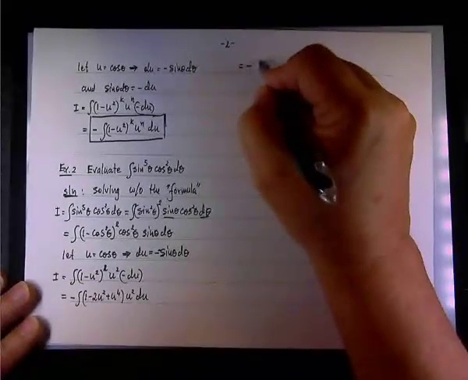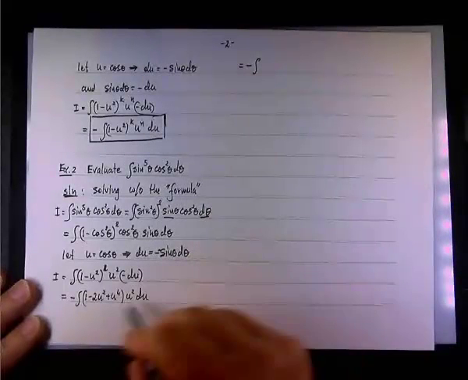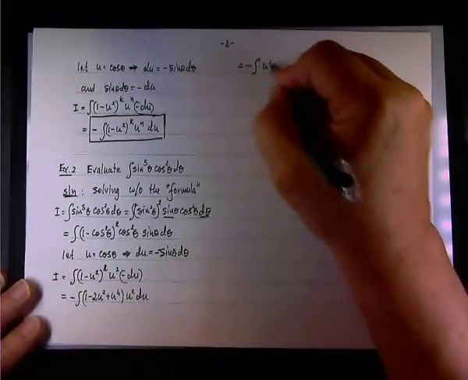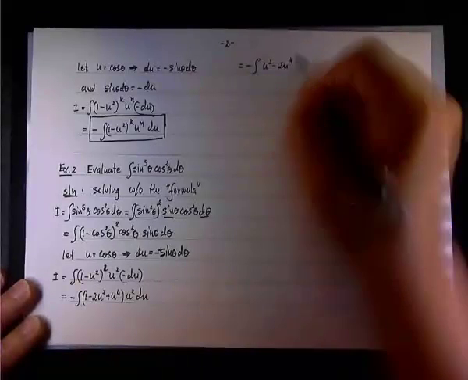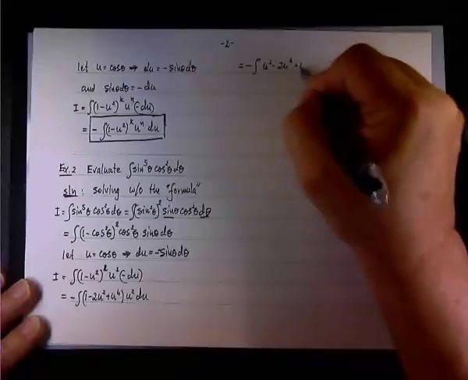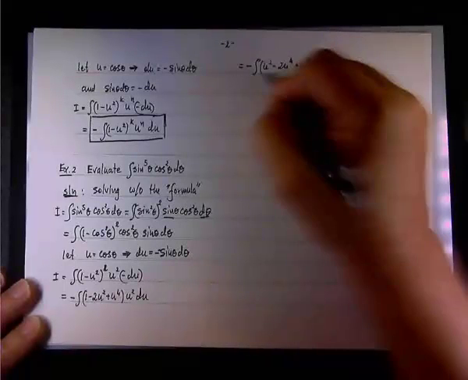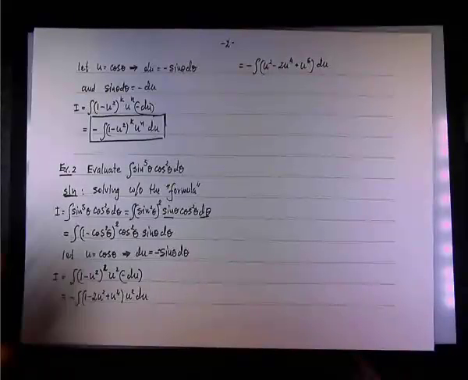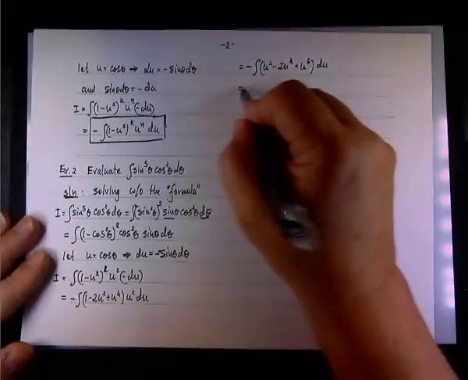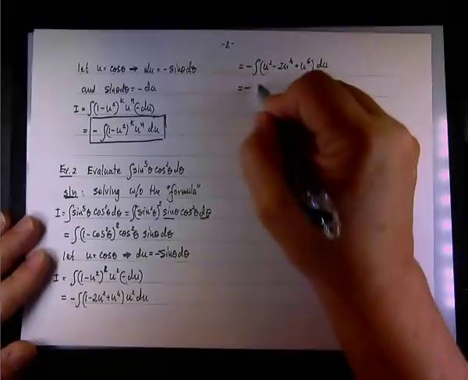Okay, one more step, going to give me the negative integral of u squared minus 2u to the 4th plus u to the 6th du. And now let's grab the antiderivative.